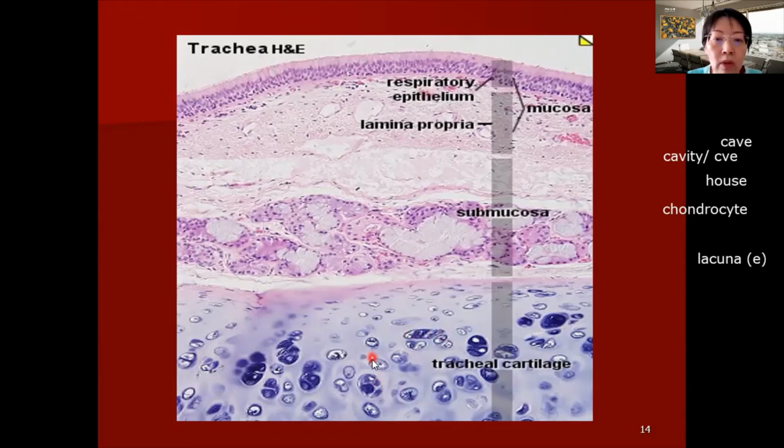This one is one lacuna with 1 chondrocyte because you can see 1 dot here. This is 1 lacuna with 2 chondrocytes.